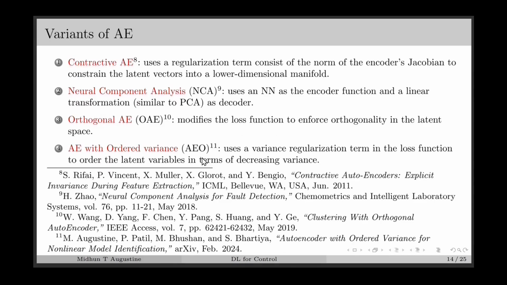Contractive autoencoder uses a regularization term to constrain the latent vectors into a lower dimensional manifold. Neural component analysis combines PCA and autoencoder. Orthogonal autoencoder modifies the loss function to enforce orthogonality in the latent space. And autoencoder with ordered variance uses a variance regularization term for ordering the latent variables in terms of decreasing variance.